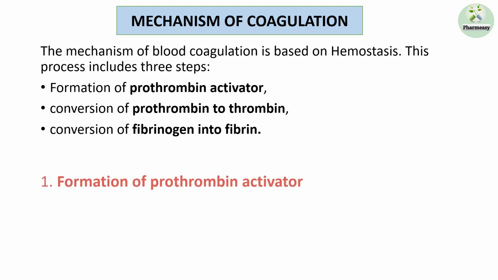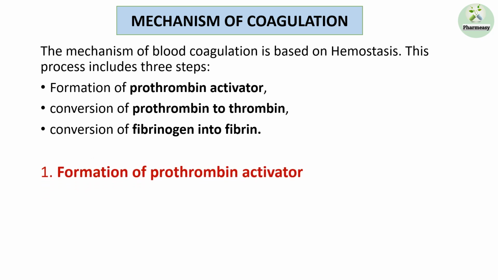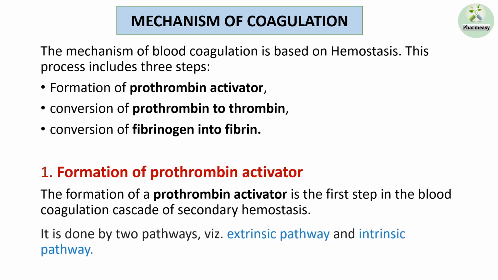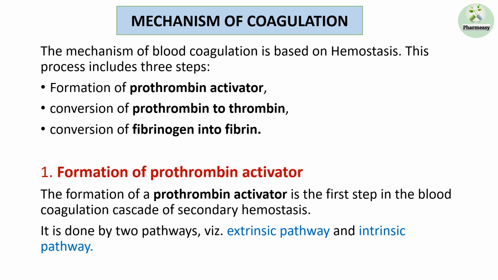First is formation of prothrombin activator. In this, the formation of a prothrombin activator is the first step in the blood coagulation cascade of secondary hemostasis. It is done by 2 pathways, that is extrinsic pathway and intrinsic pathway.